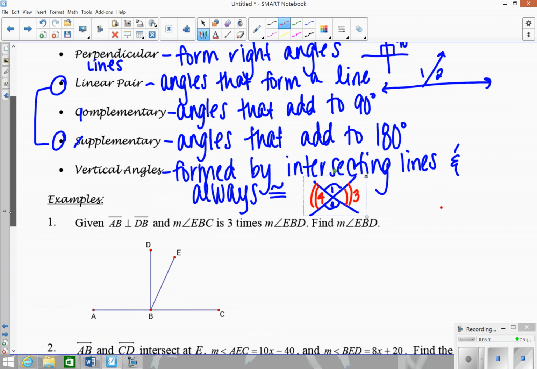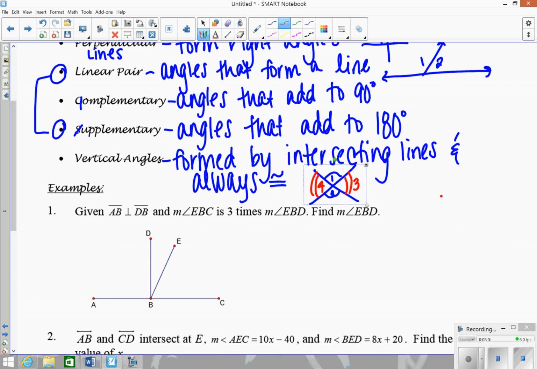So to use these vocab words in some examples, if we're looking at this first example, we're given that AB is perpendicular to DB, which means there's a right angle there. And remember, you can extend that right angle into the other side because these two angles are supplementary. So if one of them is 90, the other one has to be 90.